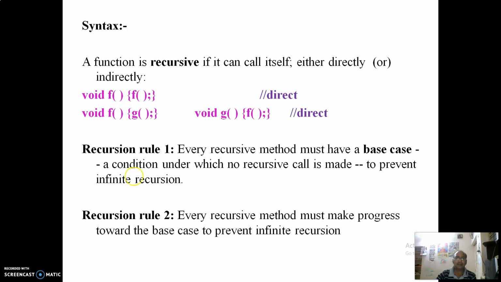Here, void f calling f is direct. If function definition void f calls g, and void g calls f, this is indirect, not direct.